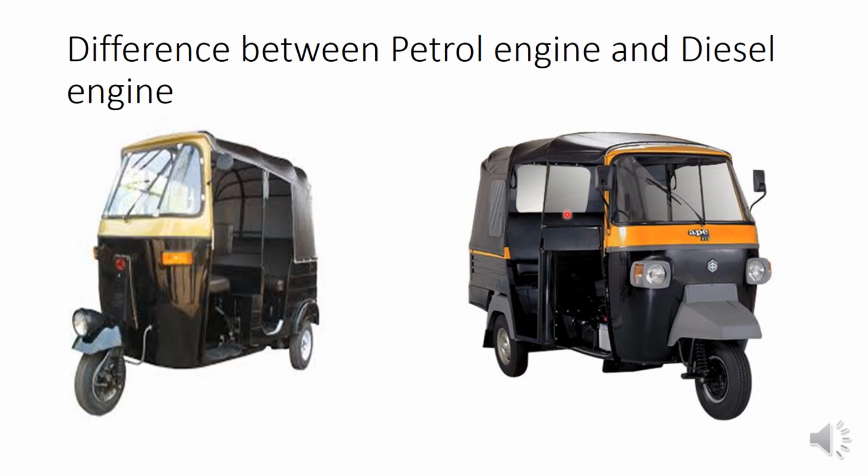So this is a diesel auto rickshaw. So you can remember the comparison. Weight and space of diesel is more, noise and vibration more, initial cost is more, but efficiency is also higher for this diesel compared to this petrol.